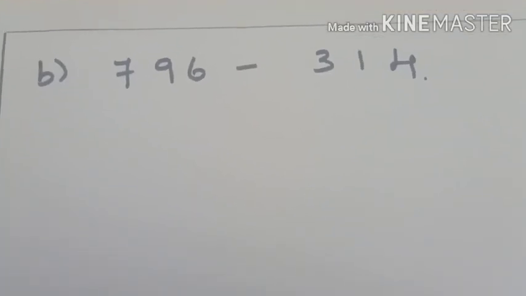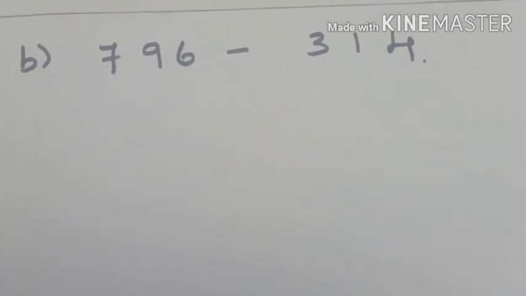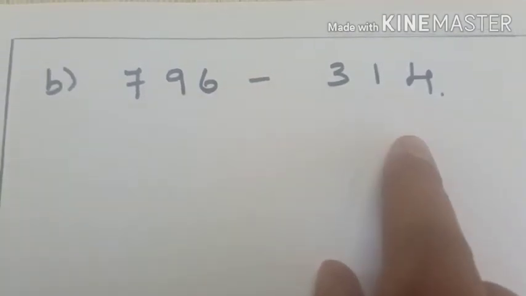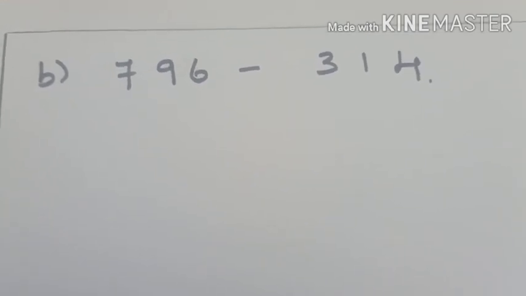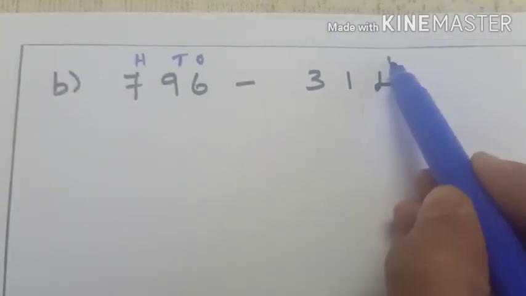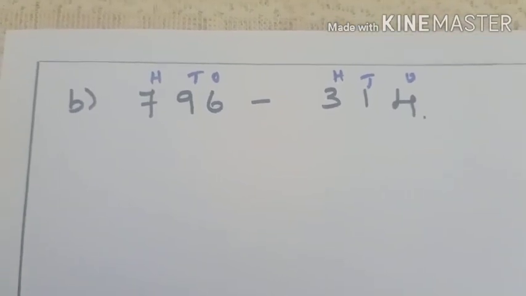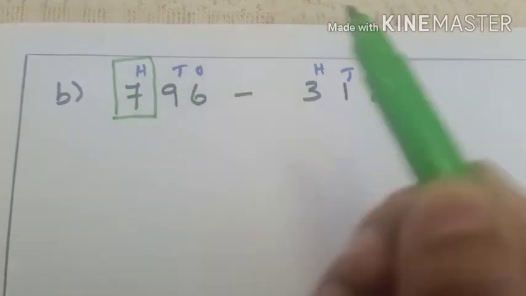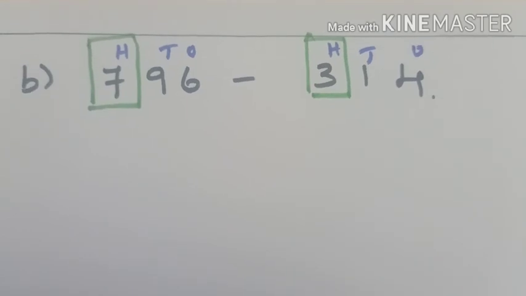The next question here is 796 minus 314. Here you have to subtract. Estimate the numbers first and then subtract. So here also it is a 3-digit number. Can you notice? Ones, tens, hundreds, ones, tens and hundreds. Which is the highest place value here? The hundreds place is the highest place value.